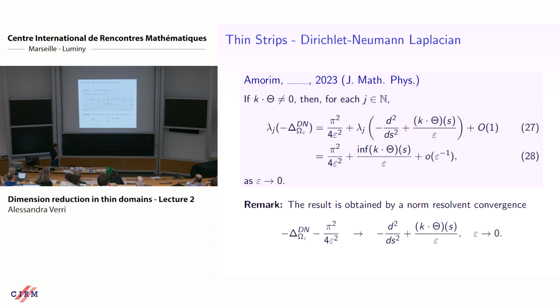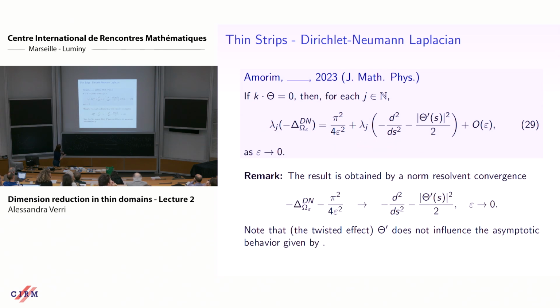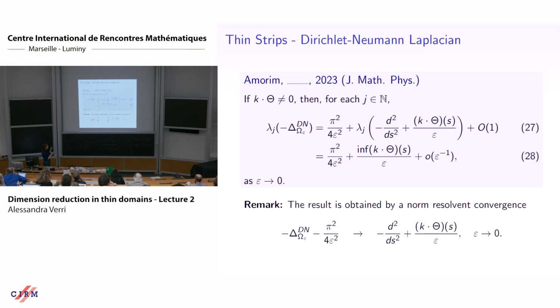In the second part of the result, we consider k theta equal to 0. In this case, we found this asymptotic behavior, and now the twisted effect appears in the expression, and it appears as an attractive potential. This asymptotic behavior and the other one are both obtained from a convergence in the norm resolvent sense.